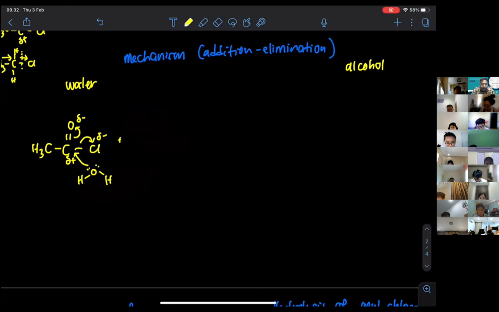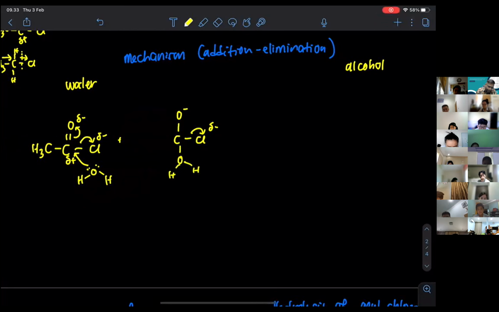When they attack the carbon, what will happen? One of the bonds goes over there, so the oxygen becomes negative. The Cl is still there. And then this O, H and H is still positive now because the electron went into the carbon. And then you have the CH3.